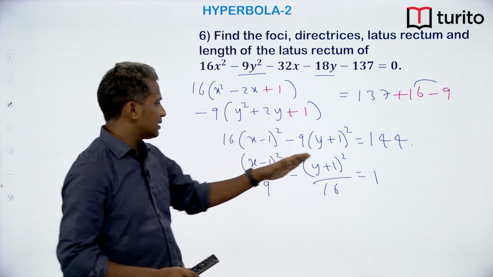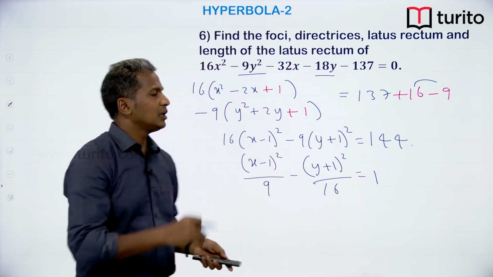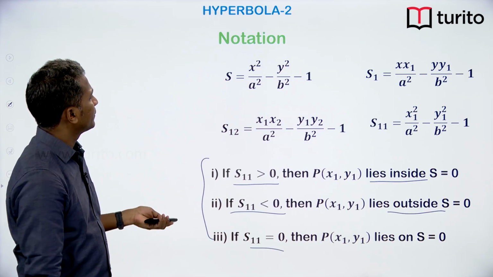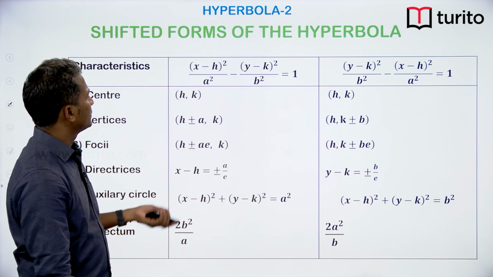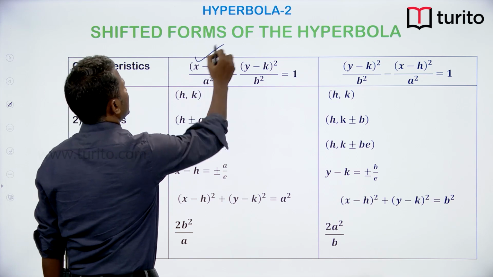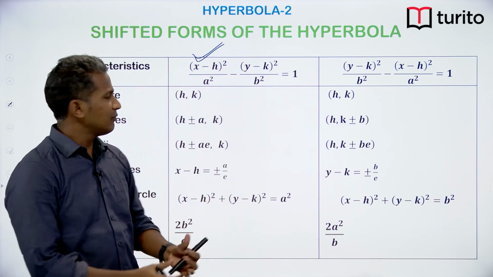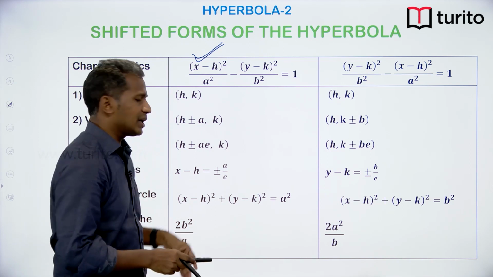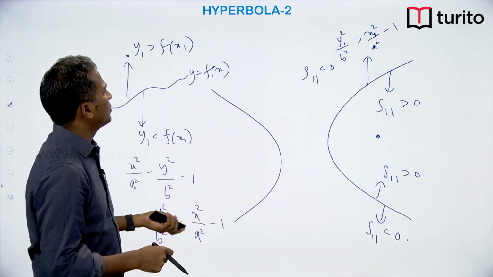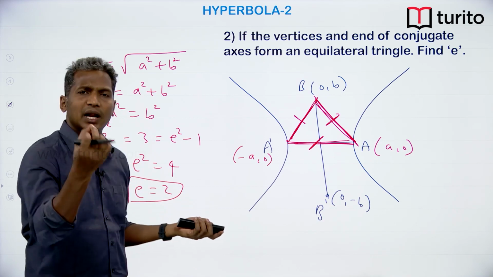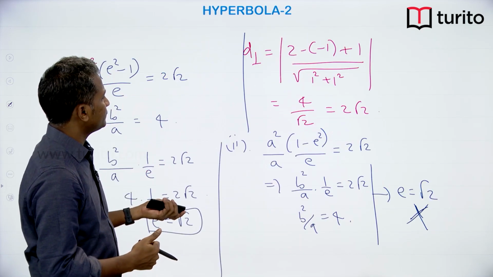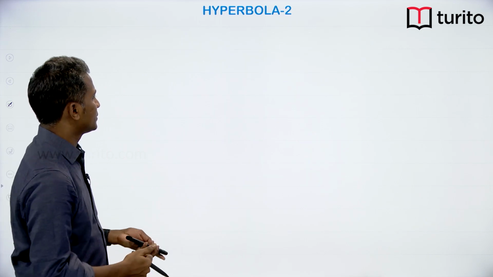Now, this has got converted into one of our shifted forms. We have seen shifted forms today. So, it got converted into this form. So, now we can just apply the same values, but we do not have to remember any of them. We can just go ahead with simple idea of A, E and B. So, here we are.